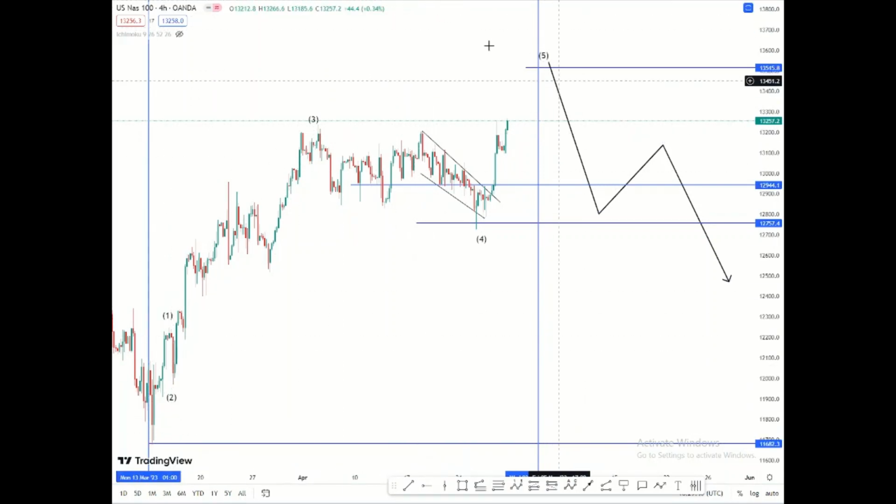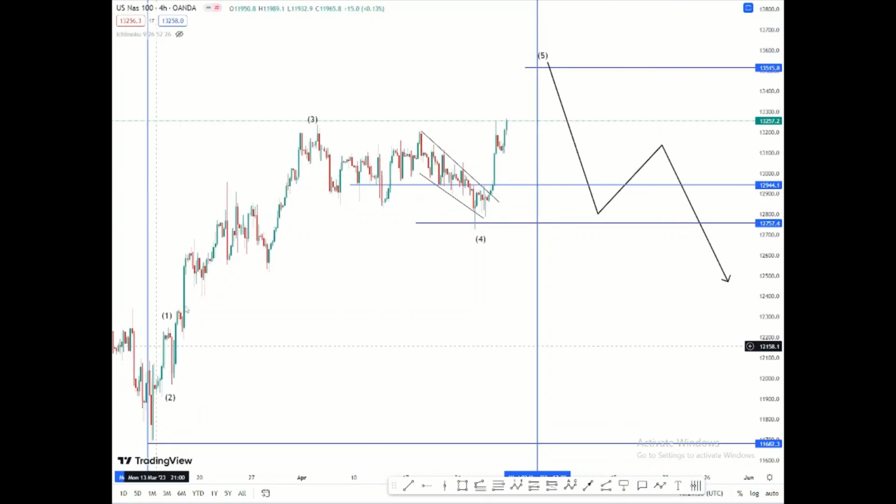Once they finish over here, they become wave 1, and then you need an ABC in the opposite direction, making wave 2, and from there you are making wave 3, just like over here. Then you continue with your 3, 4, 5, finishing the cycle.